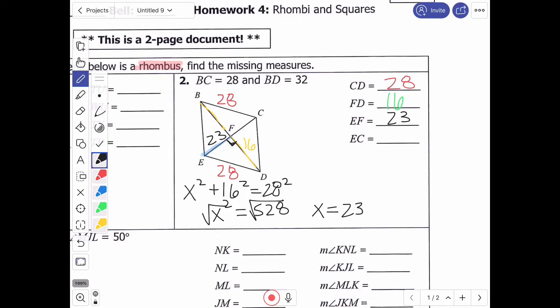Next, I'm going to find EC. EC would be this other diagonal. So again, those diagonals are bisecting each other, so that means EF and FC are the same length. So I'm going to take EF plus FC, so 23 plus 23, or 23 times 2, to get 46.